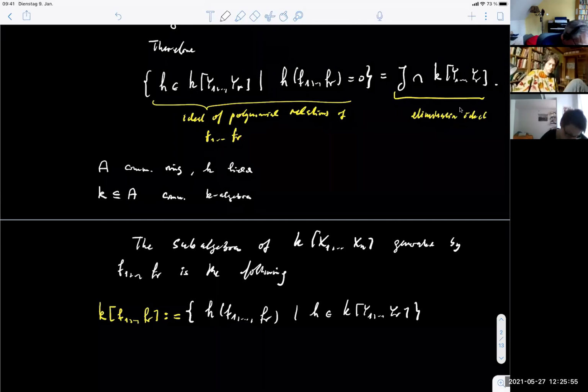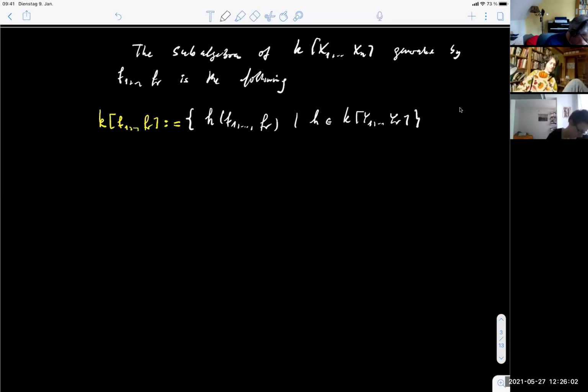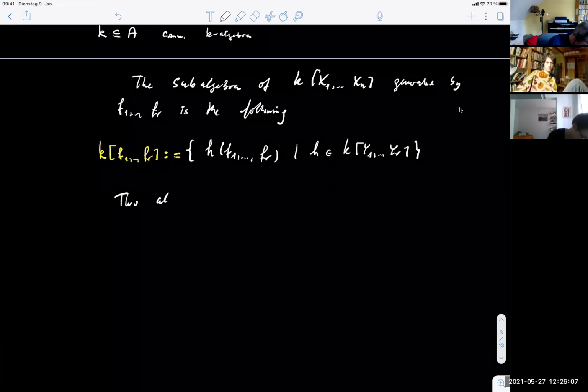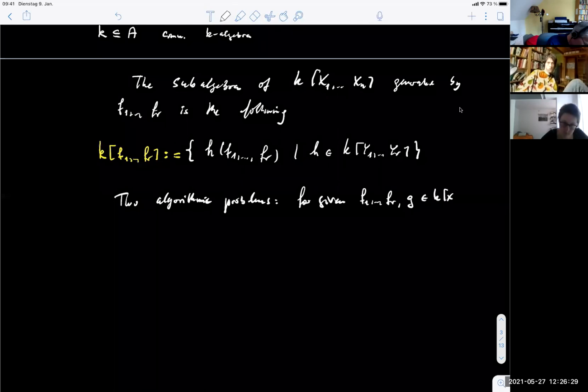Now the task. There are two algorithmic problems. When we talk about algorithms, there's always an input. We are given polynomials f1 up to fr and a polynomial g in the x variables.